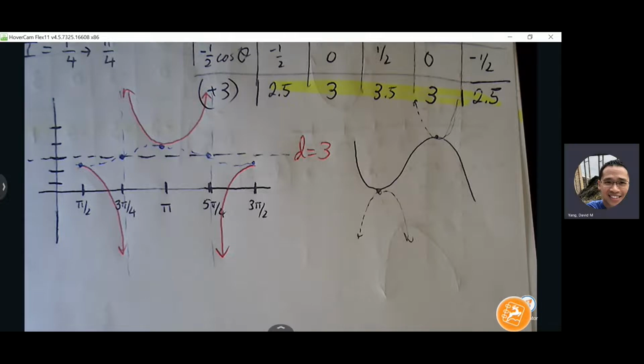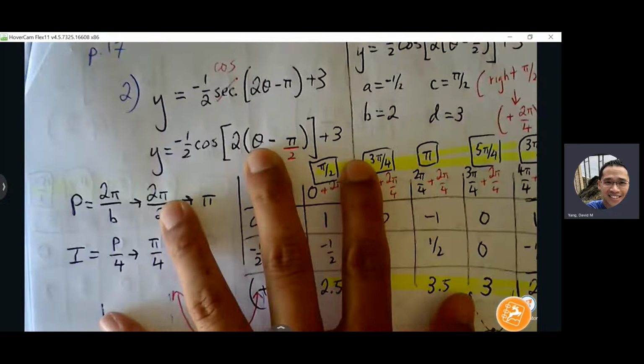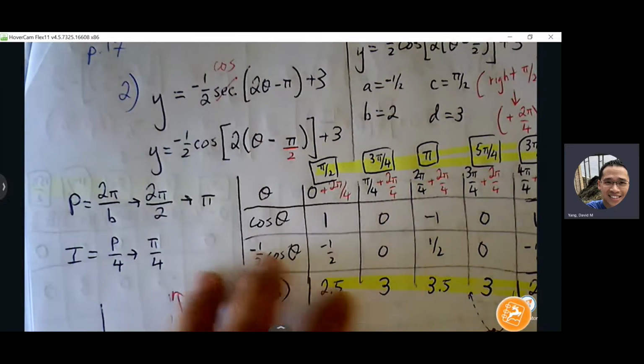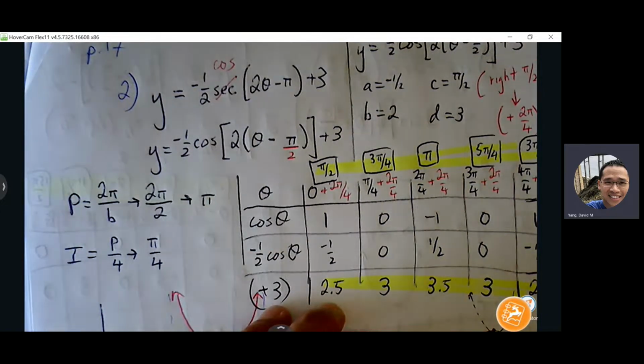You're going to fill those in with the exact same information as the cosine. So your cosine vertical stretch, period, phase shift, vertical shift, it's the same. Your secant is going to be the same as your cosine. So everything you gather from your cosine is still going to stand, right?